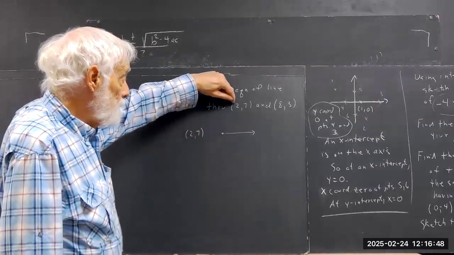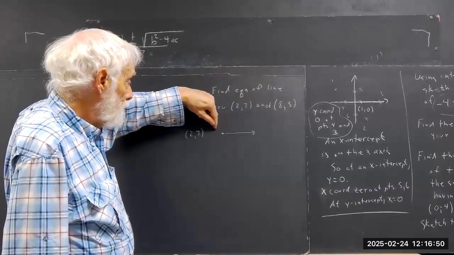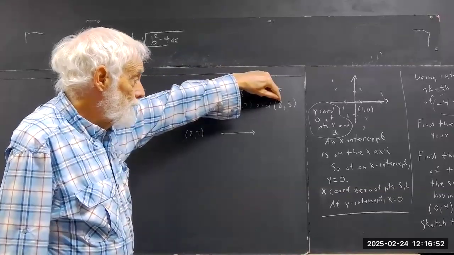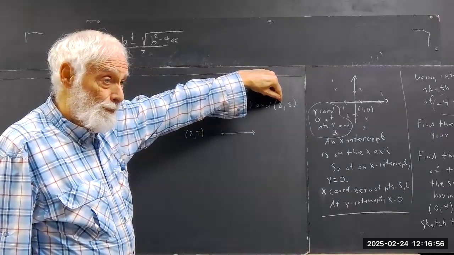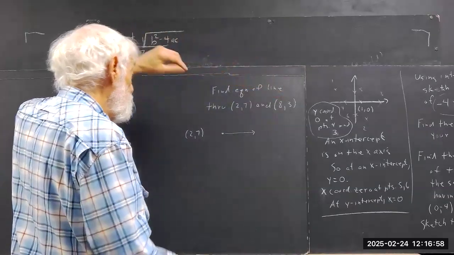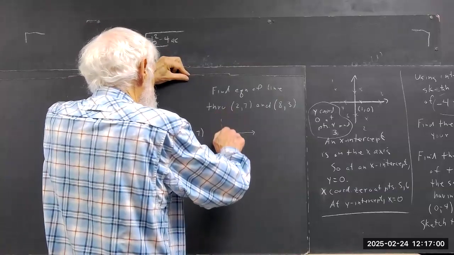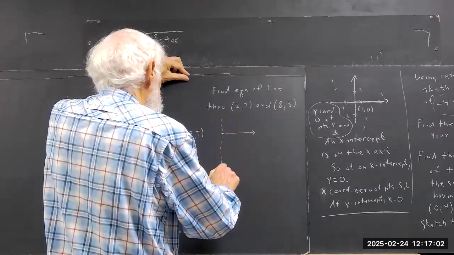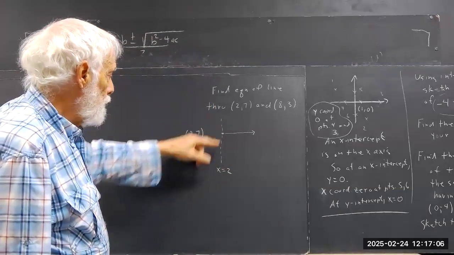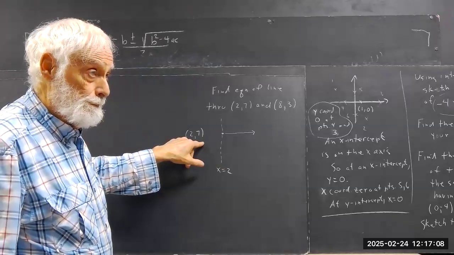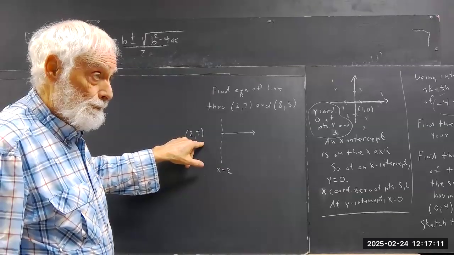My point is, this is at x equals 2. And this is at x equals 8. Okay? Now, where is x equals 2? X equals 2 at every point on a vertical line through (2, 7). Okay?